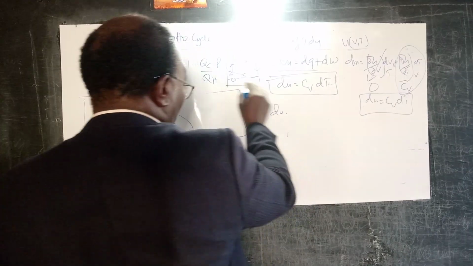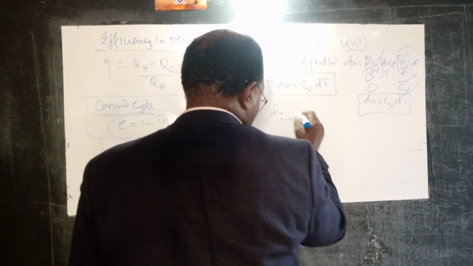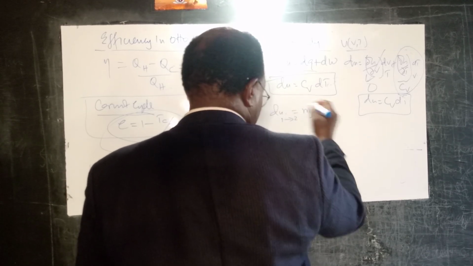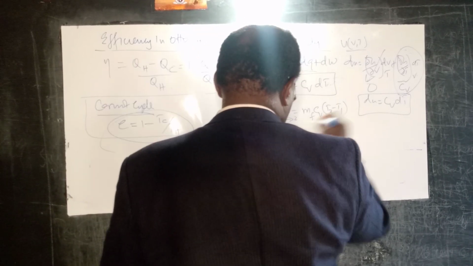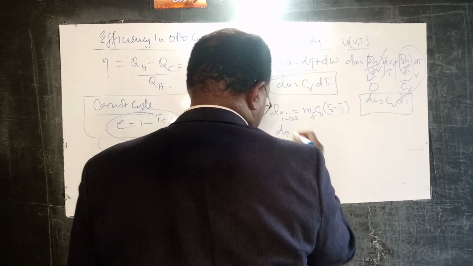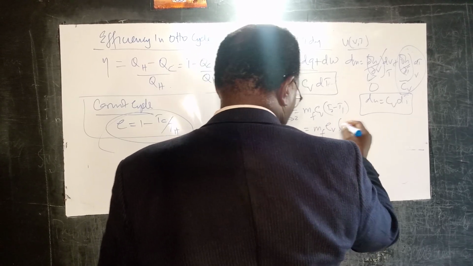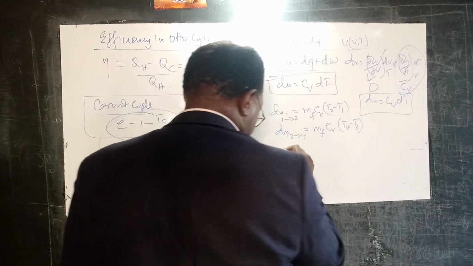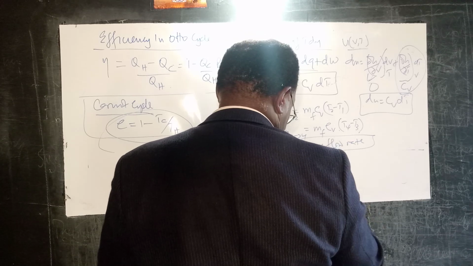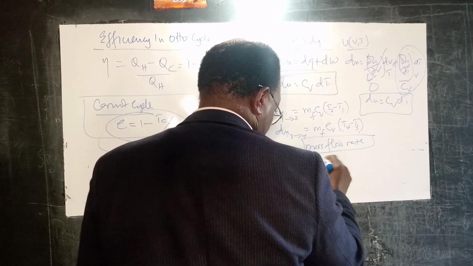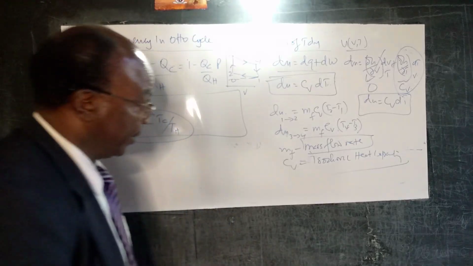So our dU for step 1 to 2 will be given by the mass flow rate times Cv times the temperature change, T2 minus T1, and for the step 3 to 4, it will be given by the mass flow rate times Cv times T4 minus T3, where mf is the mass flow rate, Cv is the isochoric heat capacity, and the T's are the temperatures.